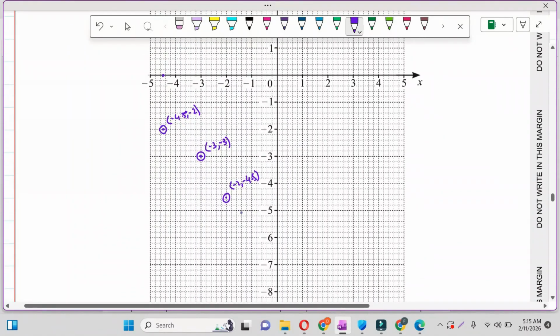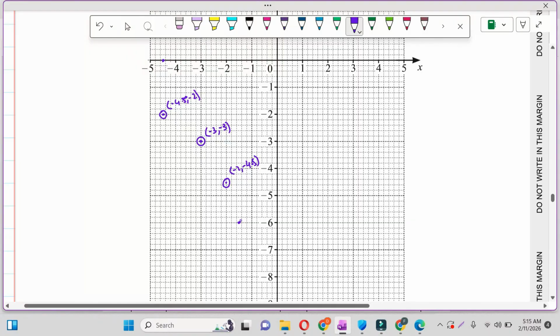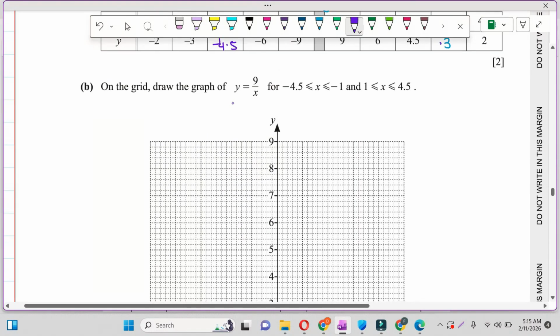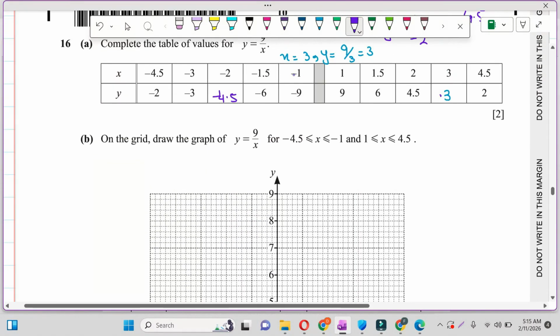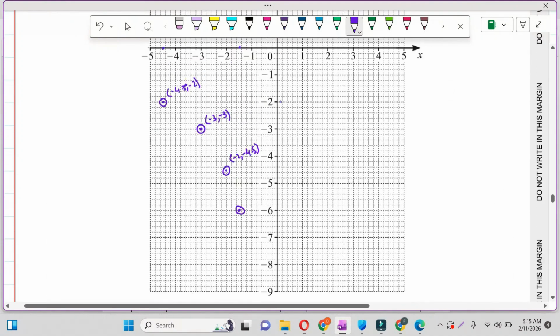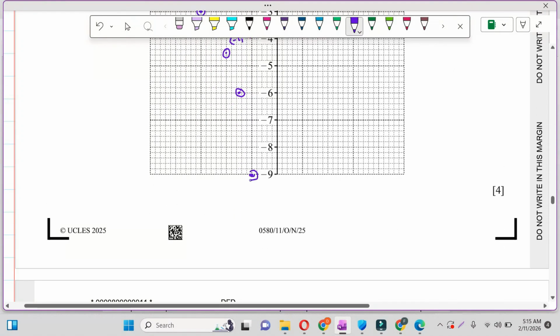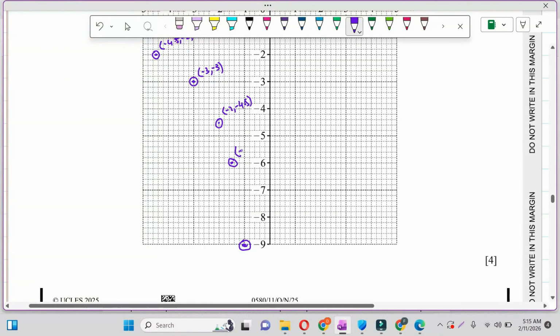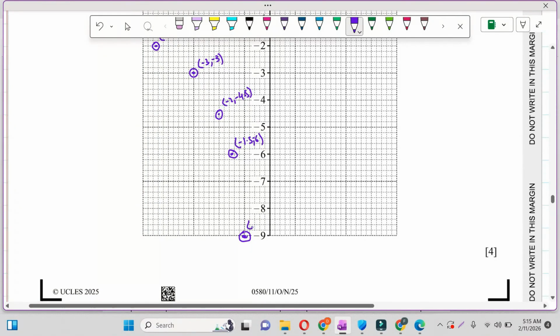Okay, when we have the x coordinate negative 1, we have the y coordinate negative 9. So this is negative 1.5 and negative 6, and this one is negative 1 comma negative 9.